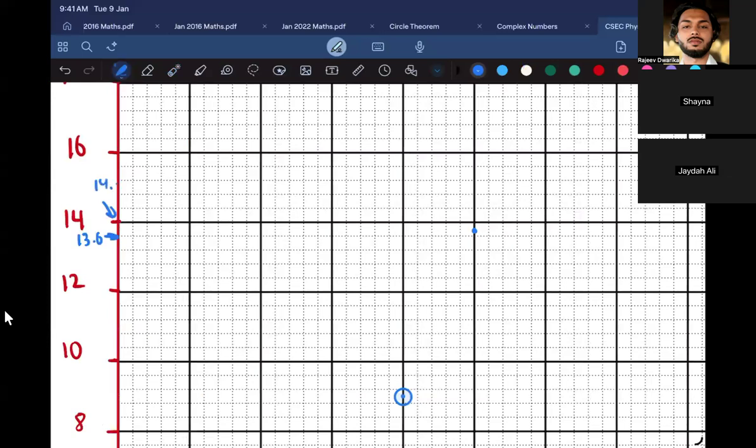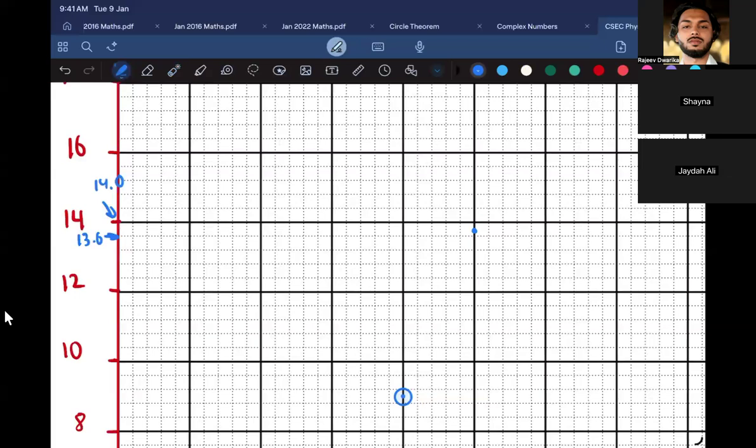So what is in the middle of that? 13.8 is correct.